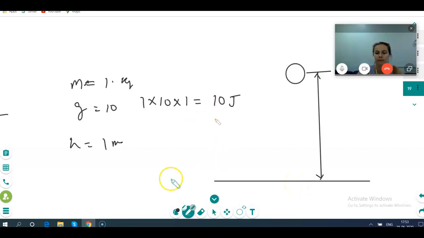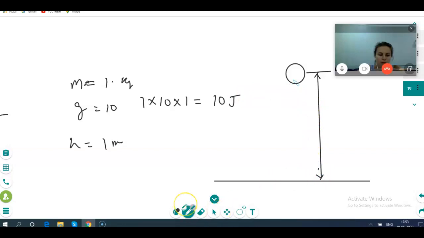It will fall down to the ground. Then during the fall, what is it gaining? It's gaining acceleration. It's gaining kinetic energy, its velocity.